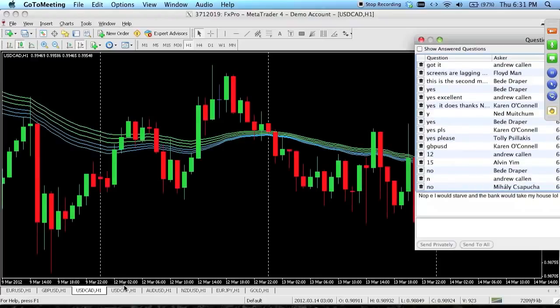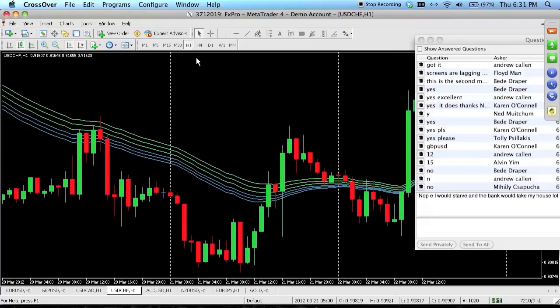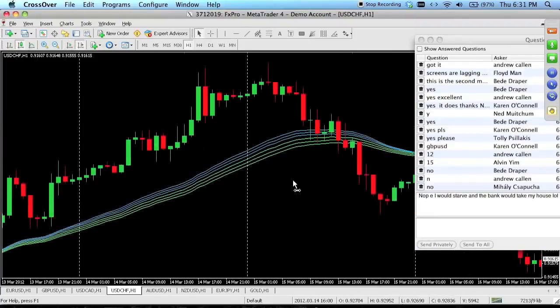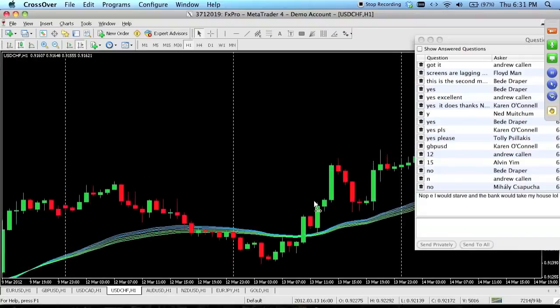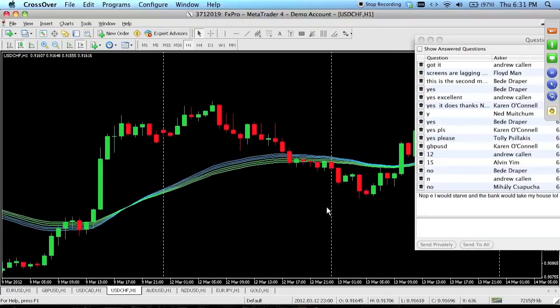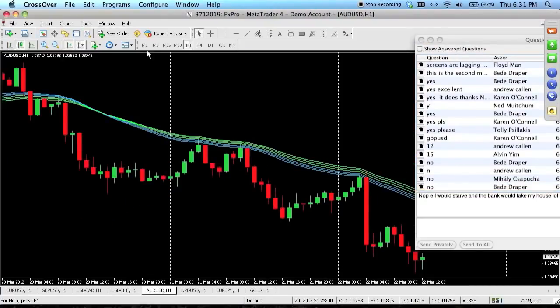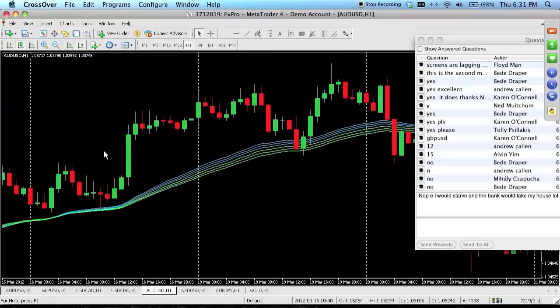Okay, Mihaly says no. Swiss franc, March 12th. Any trades there? Let's take a look. No. Aussie dollar, March 12th. Any trades there?